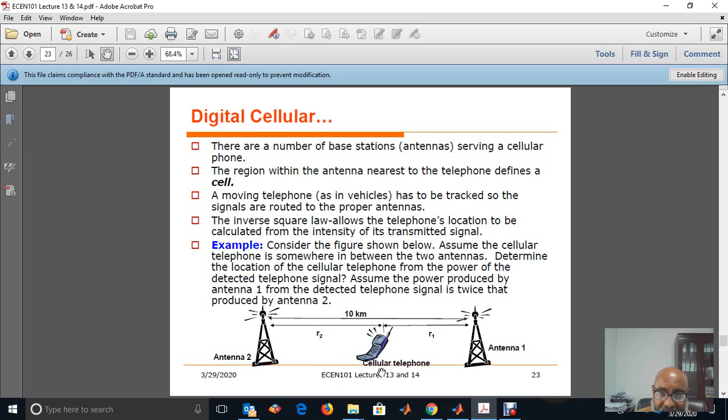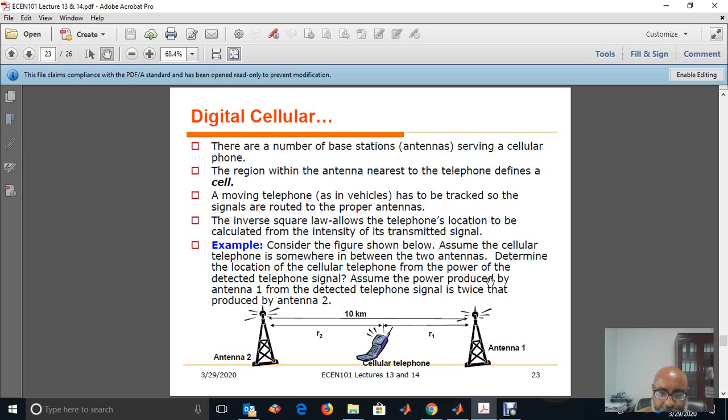Let's say this mobile antenna receives power from base station antenna 1 and base station antenna 2, and let's determine the location of this mobile antenna based on the amount of received power. Determine the location of the cellular telephone from the power of the detected telephone signal.